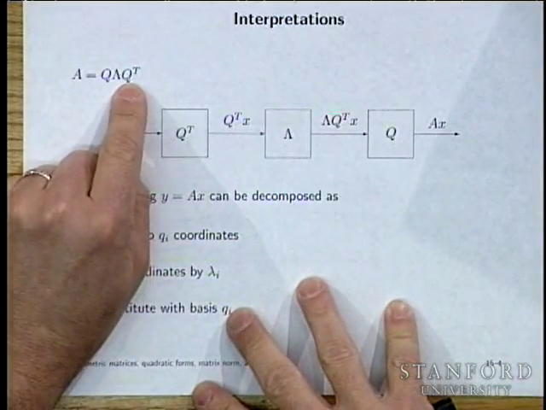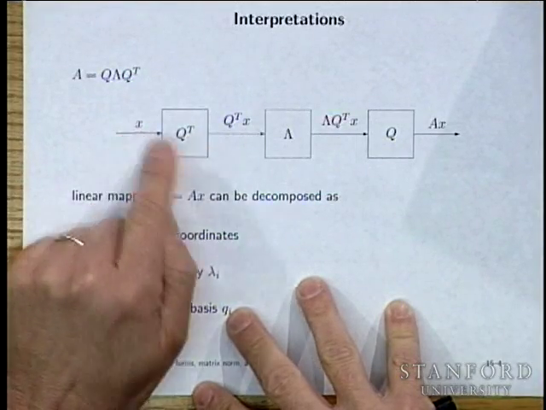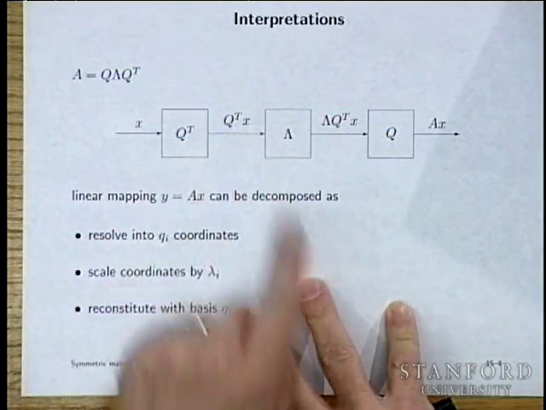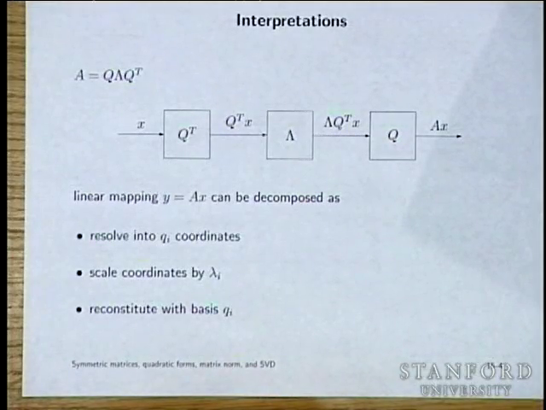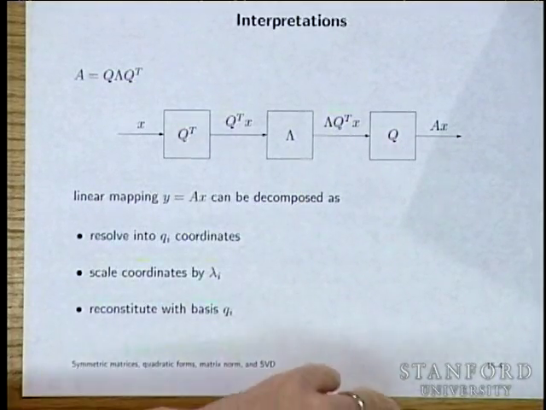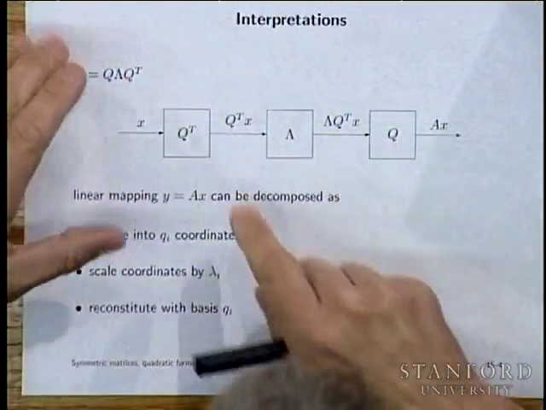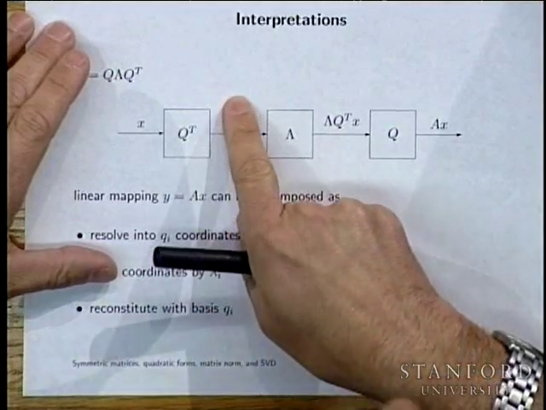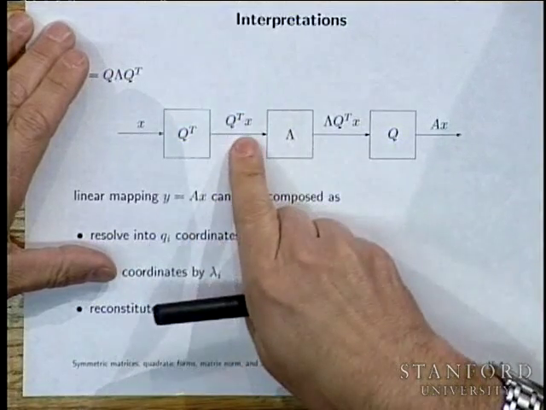The first thing you do is multiply by Q transpose. So X comes in, you form Q transpose X, and we know exactly what that does. That's essentially Q inverse. Q transpose X resolves X into the qi coordinates. That's what it means. This vector holds the coordinates of X in the qi expansion.